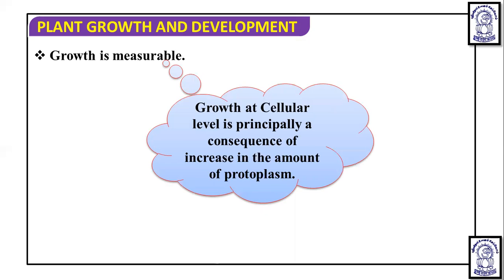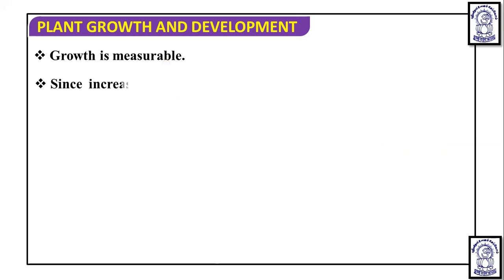Obviously, if a cell grows in size, that is due to an increase in protoplasm. If a cell divides, that is also a result of increase in protoplasm ultimately. So for growth to occur in any organ, any tissue, any organism, growth in the protoplasm is an important event, and that is the principal event. And because of this, ultimately cellular growth takes place, or tissue level growth takes place.